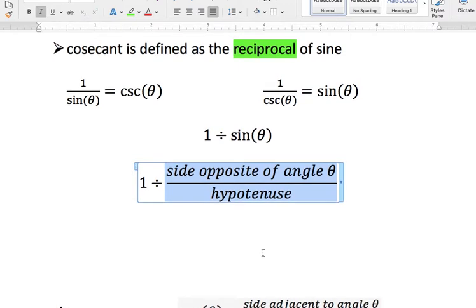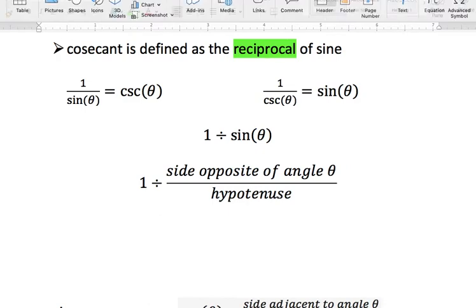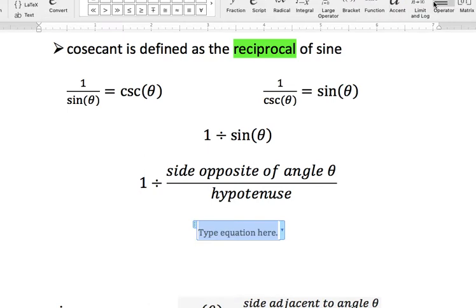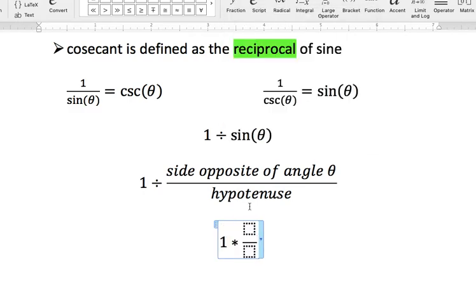Okay, and using our fraction rules, dividing by a fraction is the same as multiplying by its reciprocal.